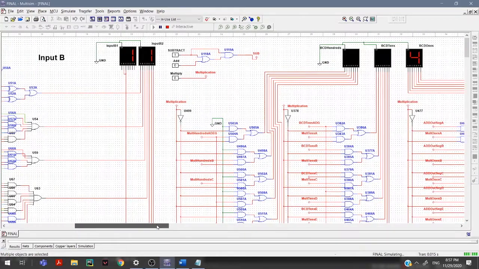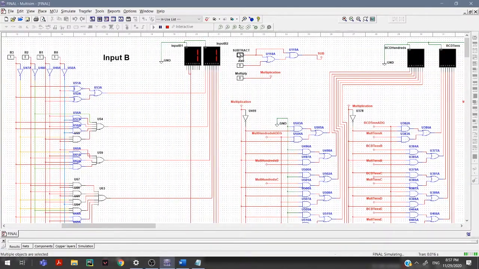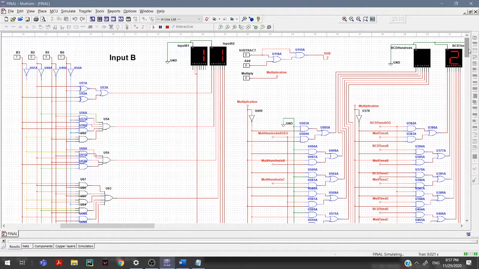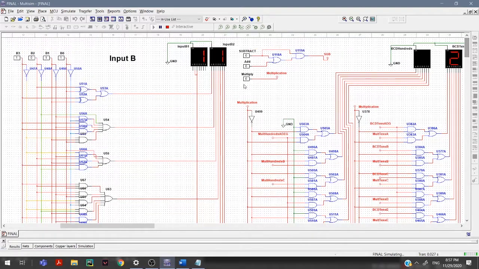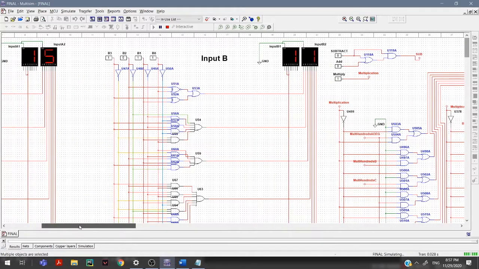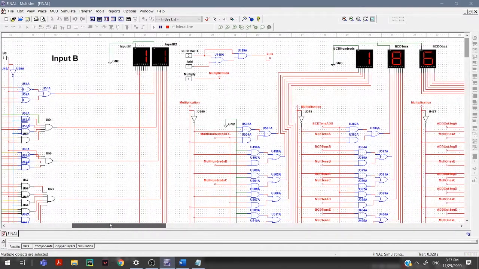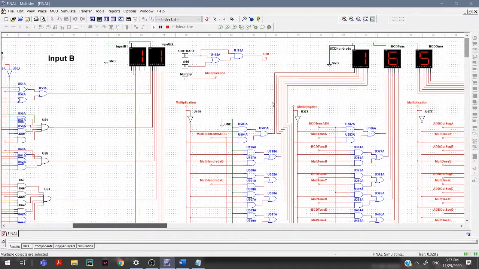And now the output is 4. But when we turn on multiply, as we said earlier, the display should be the multiplication product. So with multiplication on, we have 15 times 11, and 15 times 11 is equal to 165.